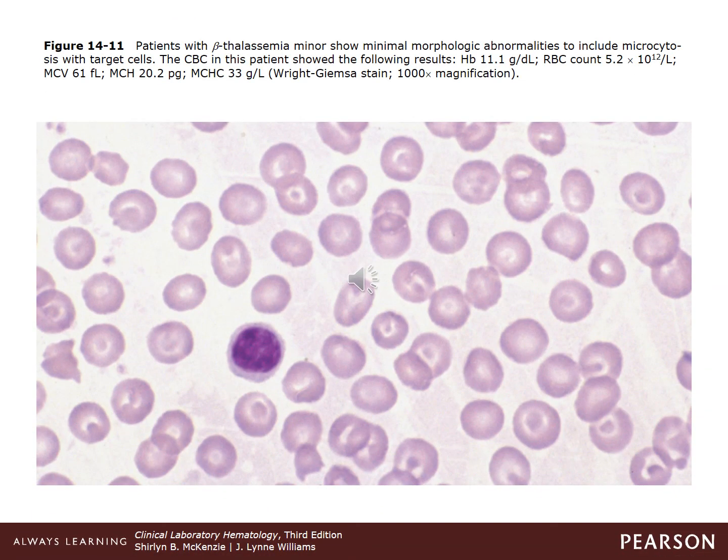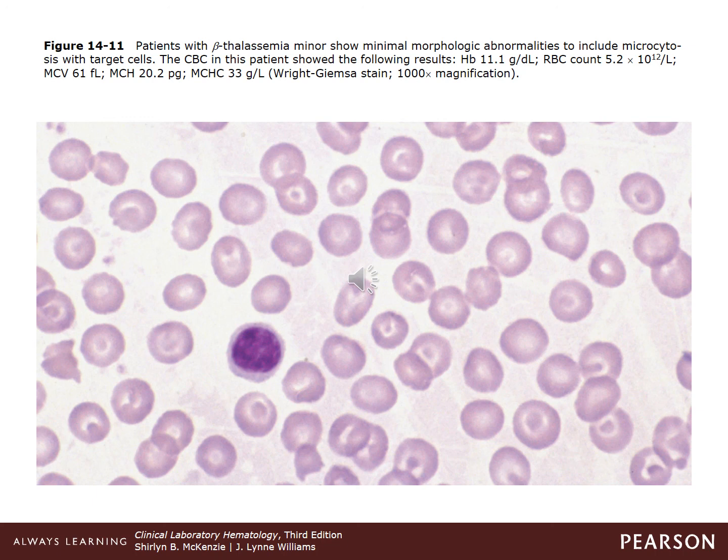Now here is an image of a peripheral smear of a beta thal patient with minor genotype or phenotype. Lab results will definitely show a mild microcytic hypochromic anemia ranging anywhere from 9 to 14 grams per deciliter hemoglobin. And the MCV can be slightly lower.